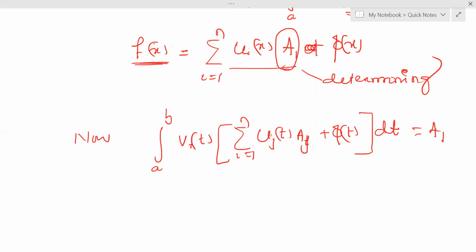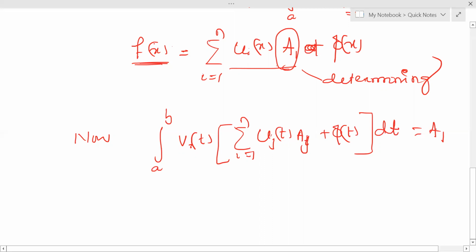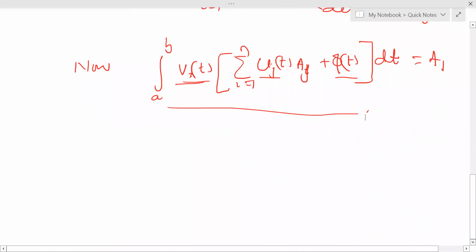Now a_j, integral from a to b of v_i(t) u_j(t) plus v_i(t) phi(t). Just separate into these by integration. Then what is the result?